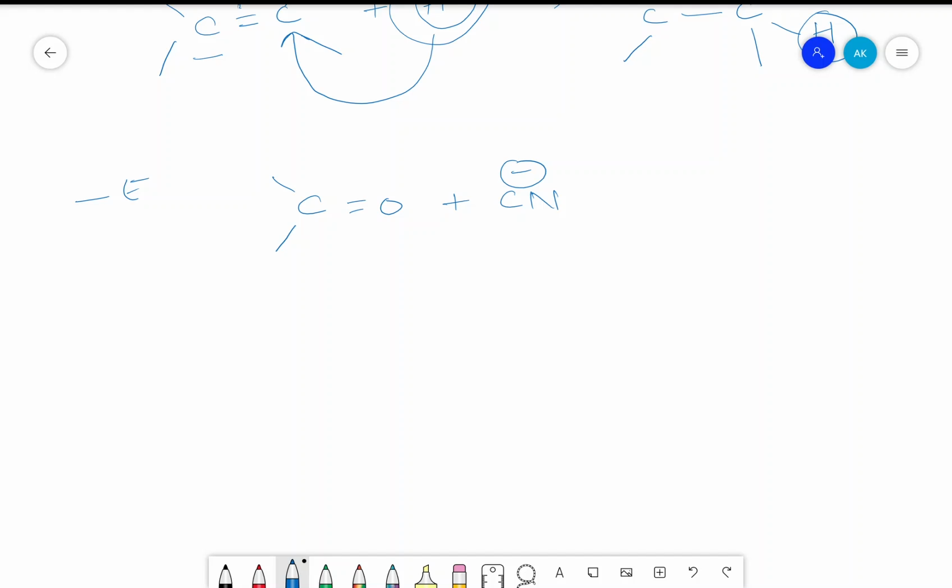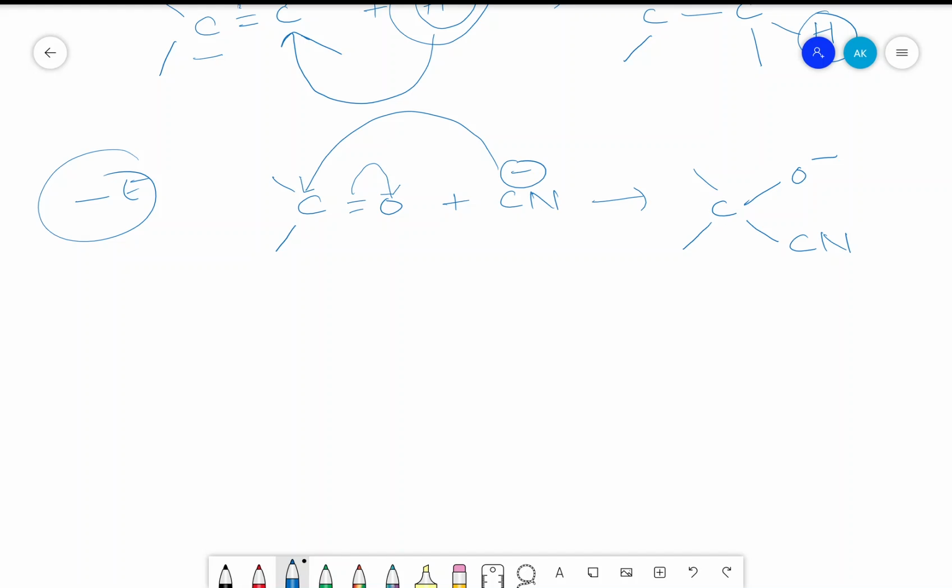Because you know carbonyl compound, this pi electron moves towards oxygen and it will get a negative charge, and the negatively charged species, that is cyanide ion, will go towards carbon because it will have a positive charge. So in that case we are going to get carbon with two bonds already, oxygen will change to O minus and we have CN attached to carbon, and this type of effect is called minus E effect. So there are two types of electromeric effect, plus E and minus E effect.